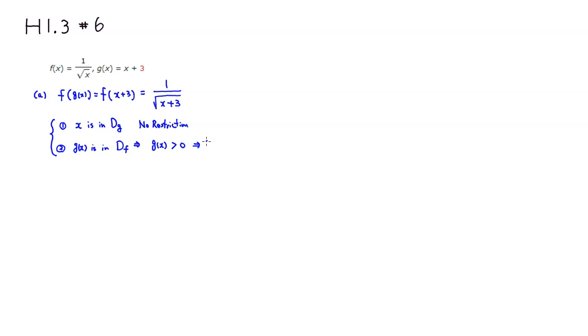So g of x, which is x plus 3, has to be greater than 0. If you subtract 3 from both sides, x has to be greater than negative 3. In interval notation, you have a left parenthesis, negative 3, all the way to infinity.